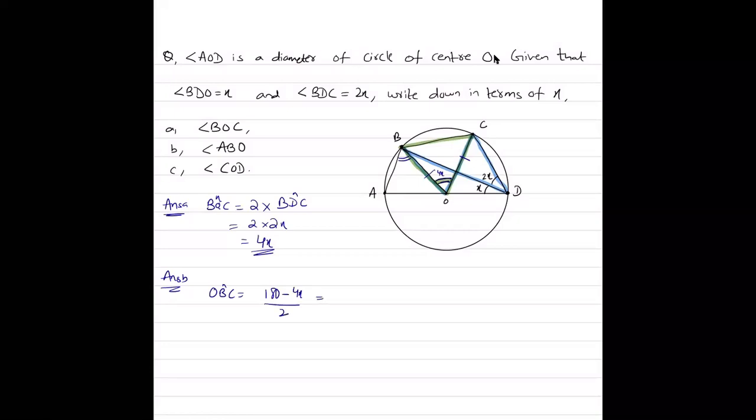So this comes out to be 90 minus 2x. ये वाला जो एंगल आएगा 90 माइनस 2x आएगा, ये एंगल भी 90 माइनस 2x है. तो ये वाला एंगल क्या होगा? ABO.